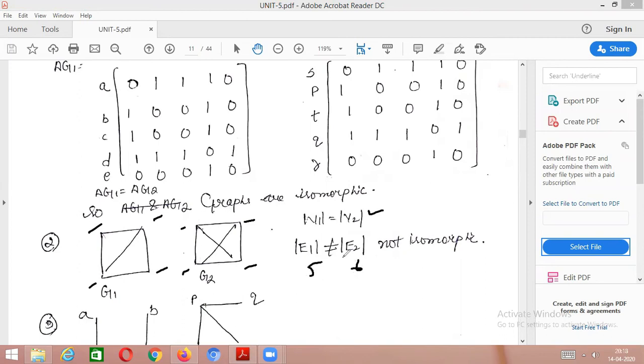Vertices and edges all have to be the same in both graphs. Therefore, the number of edges is not equal, so these two graphs are not isomorphic. If vertices and edges are the same, you write the degree sequence, and after that the adjacency matrix. If they are all the same, they are isomorphic.